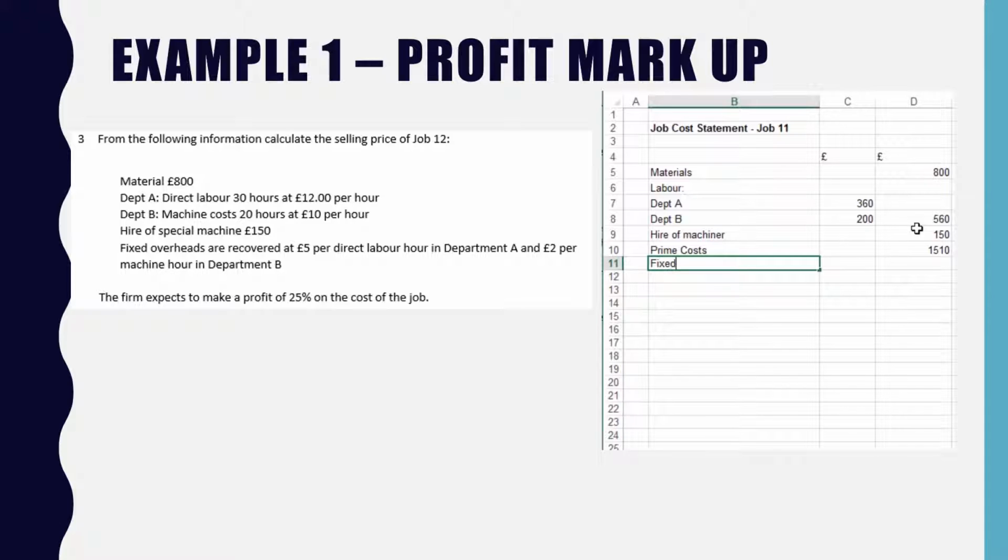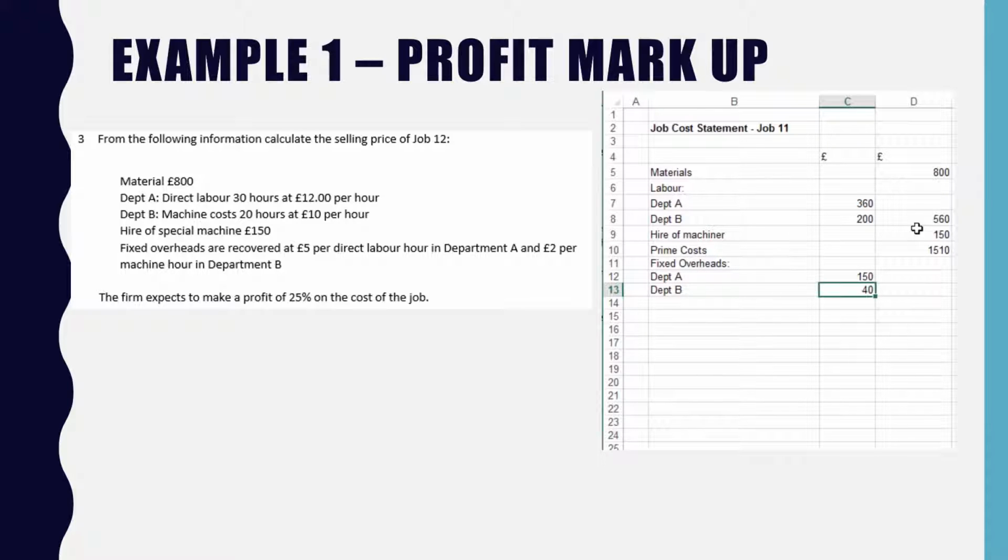We've got our fixed overheads, and we've got different departments' overheads. Department A's overheads are £5 per direct labour hour, so that is 5 times the number of labour hours, which was 30. And for Department B, it is £2 per direct labour hour, so that's 2 times the number of hours, which was 20.